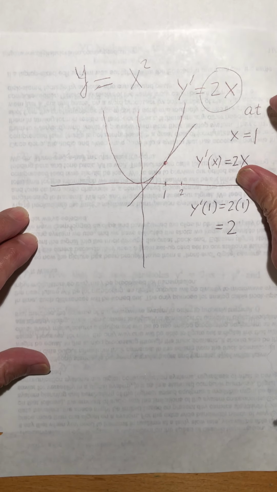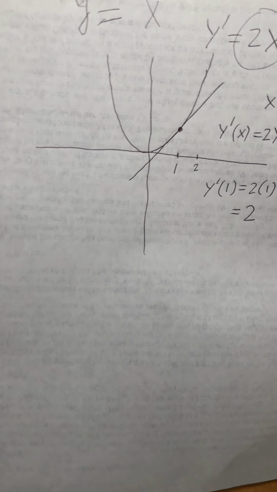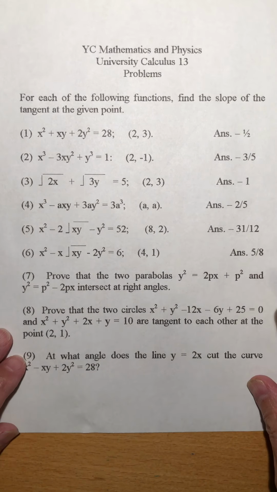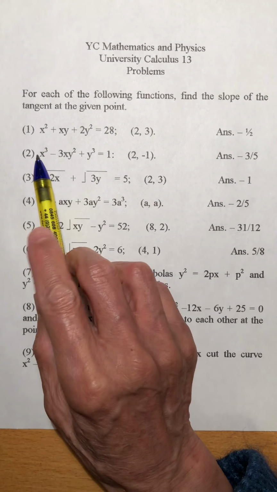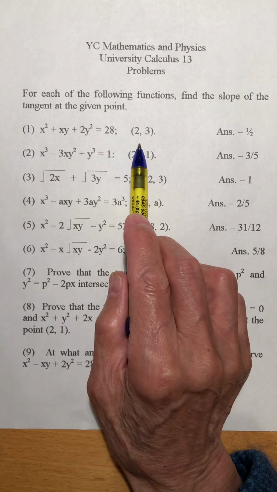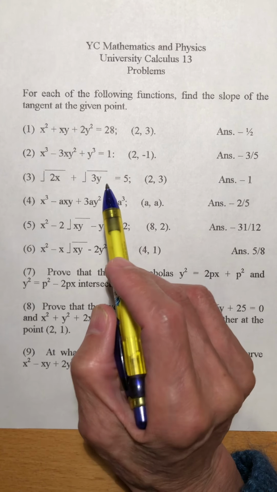Okay, so I explained this question, then just look through the questions here. For the first one, the function, which is a curve, and the point are given. Now we know what it means by the slope of the tangent.